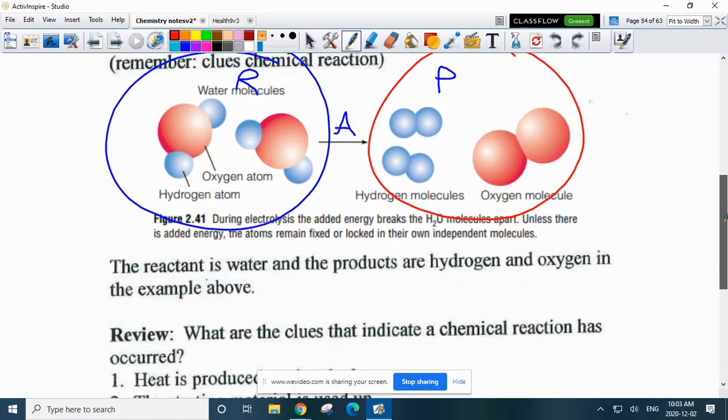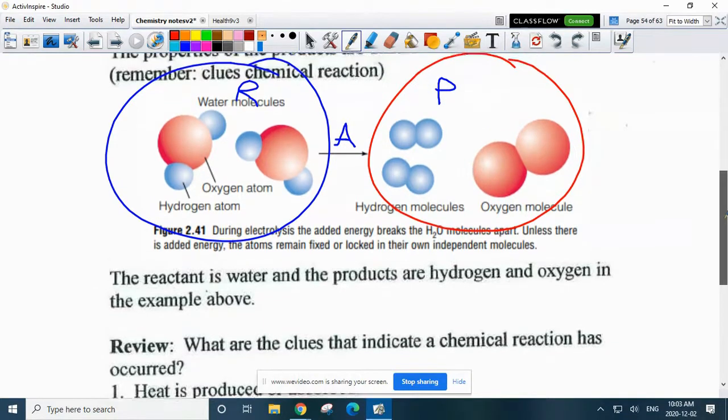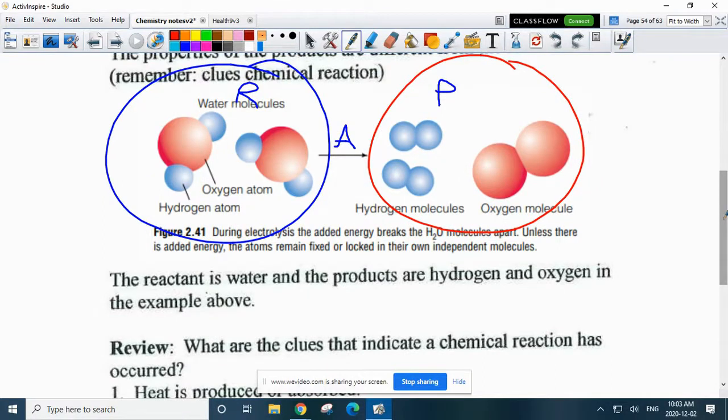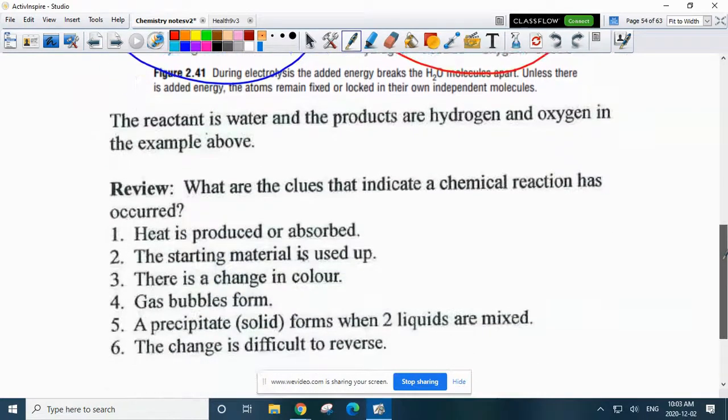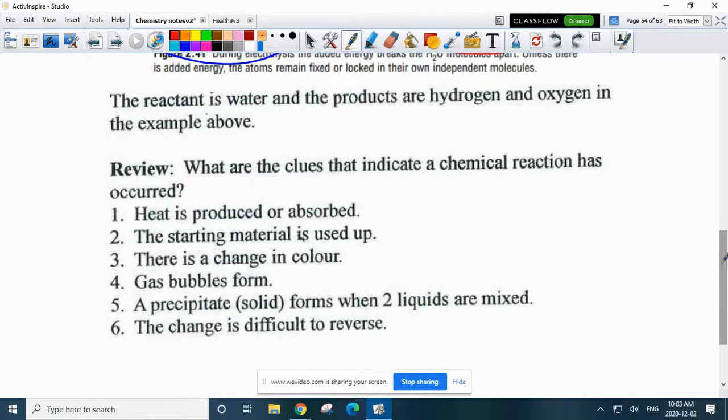Okay, so water: hydrogen and oxygen are my reactants on that side, and the product is water. Remember, we had the 7 clues that indicate a chemical reaction has happened, okay?